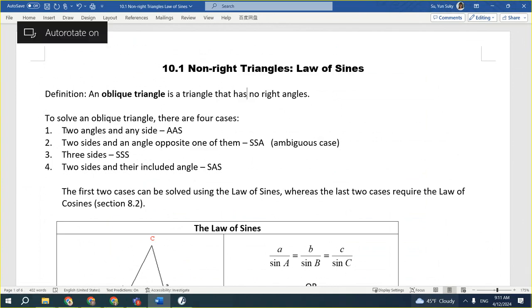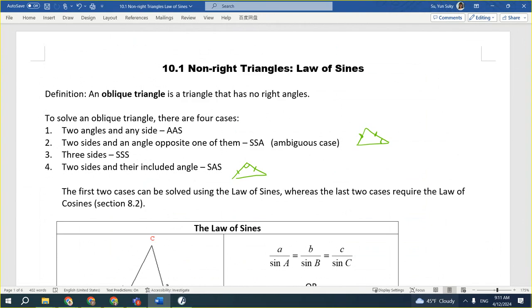Let's draw a picture. In the side, side, angle case, you have one side and the other side, and then the angle opposite one of them. But in case 4, you have side, angle, side. This angle is not opposite to either of them.